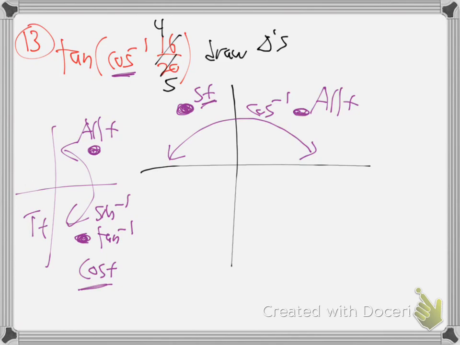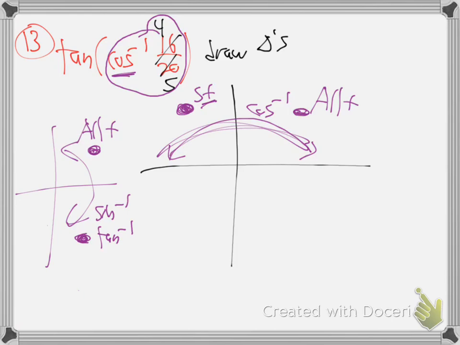So with all that in mind, here's what you want to think. When you look at a question like this, cosine inverse of 4/5, that's a positive 4/5 or 16/20. Either way, positive. So it's going to be one of these two quadrants. Which one? Where cosine's positive: the first quadrant. So I figured that out.